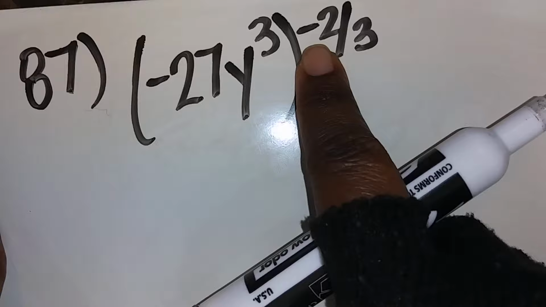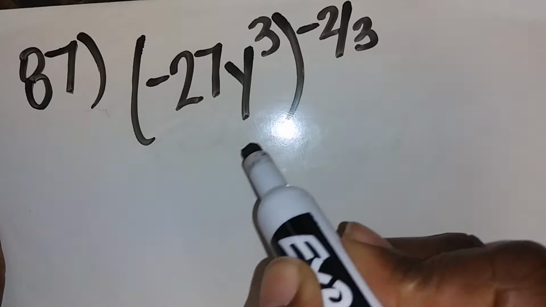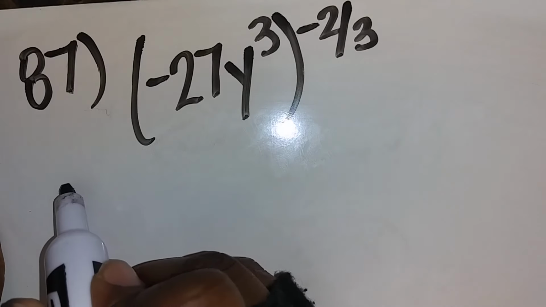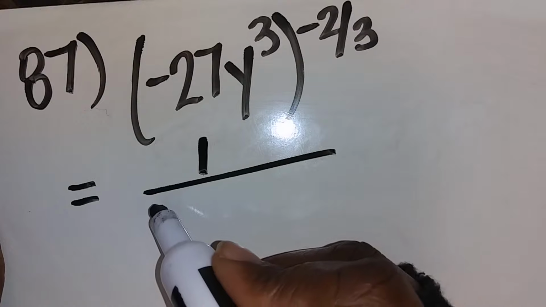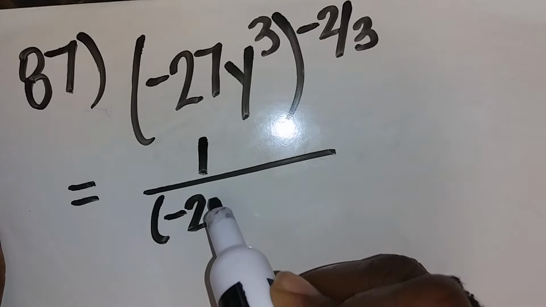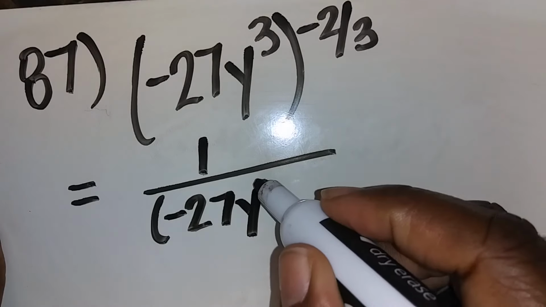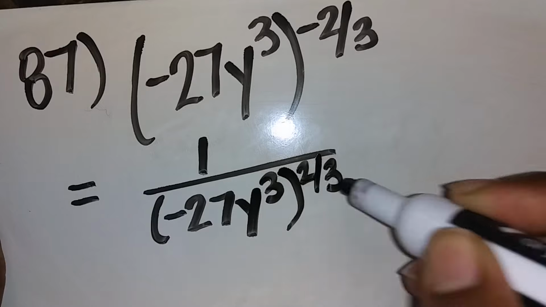So I want to get rid of that negative 2 over 3 first. To do that, notice that the entire base is raised to the negative 2 over 3. So when I rewrite it, I'm going to move everything to the denominator. Do not change that negative 27. The only thing that is changing is that negative 2/3 to positive 2/3.